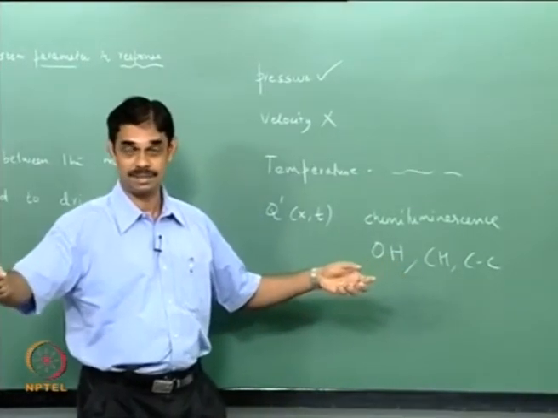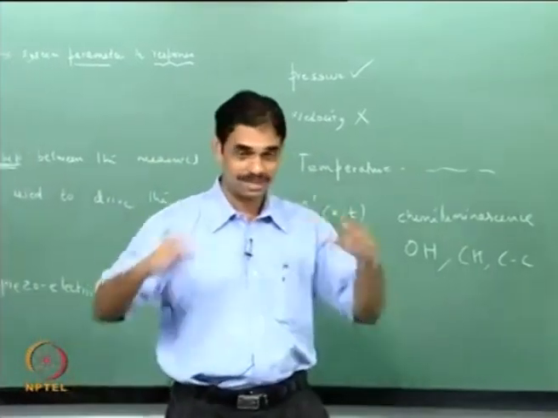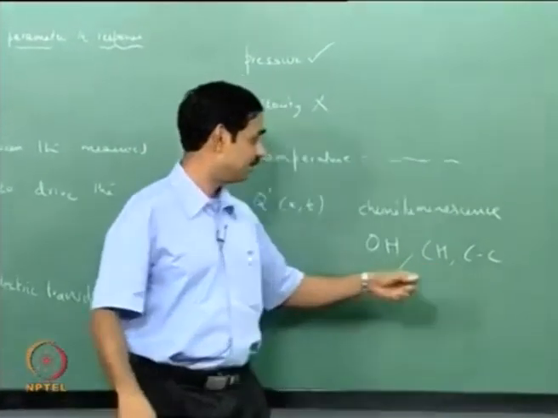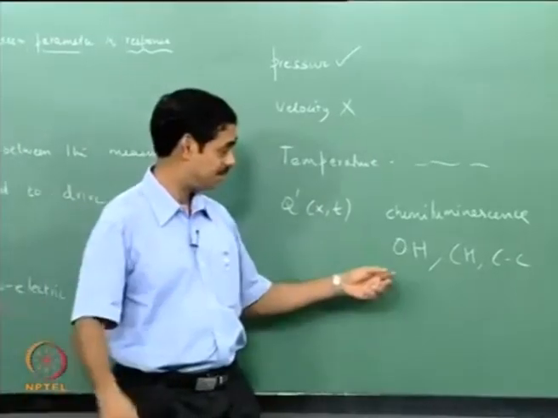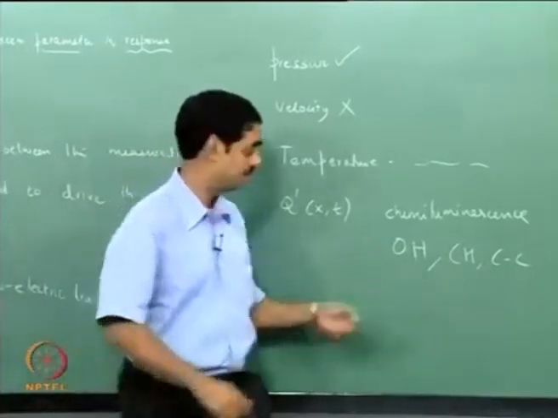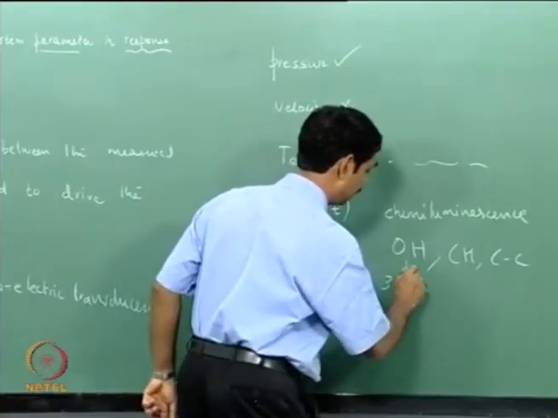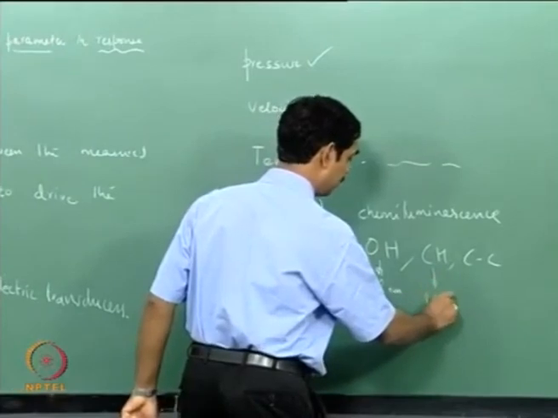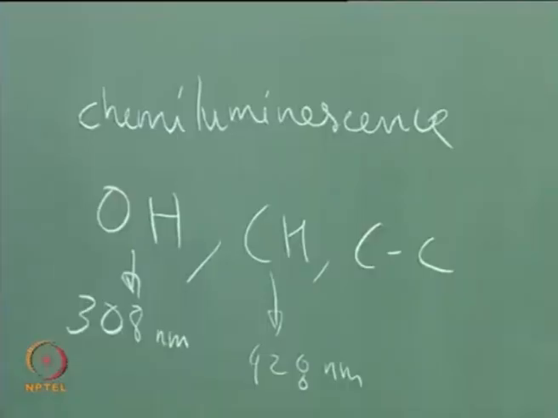Yeah, filter. I am reminded of Swami Vivekananda's quote, if you wear blue glasses you will see the world as blue. So if you wear CH glasses you will see the world as CH. I think OH is 308 nanometer in the UV, CH is 428 or 427, C2 is 500 something, I don't remember.